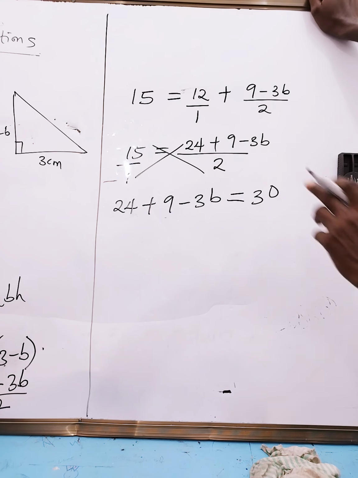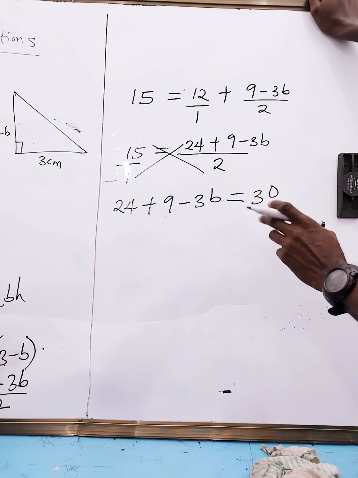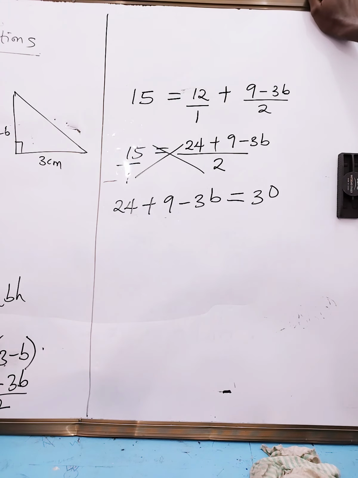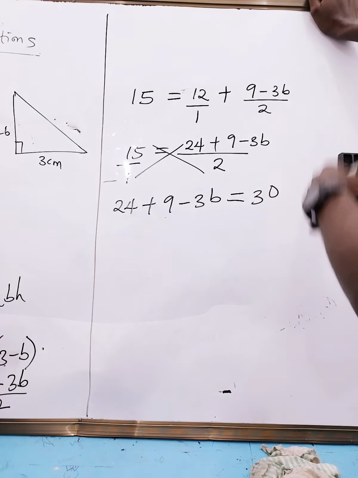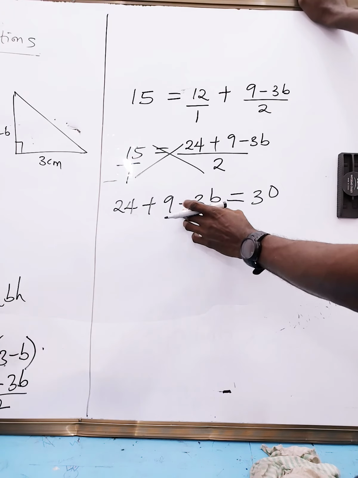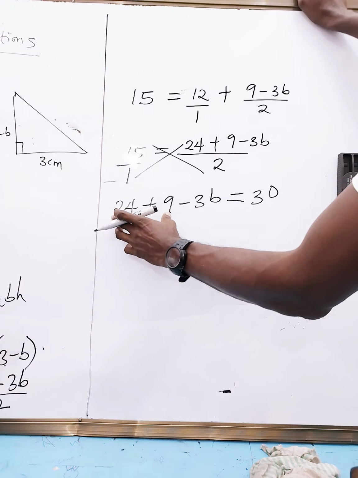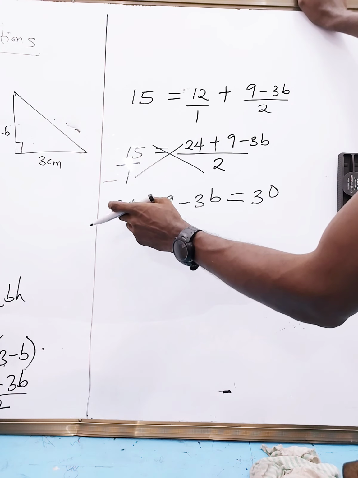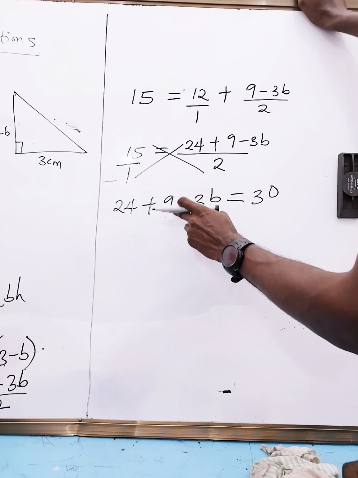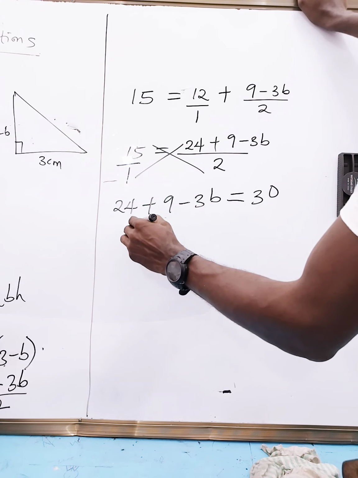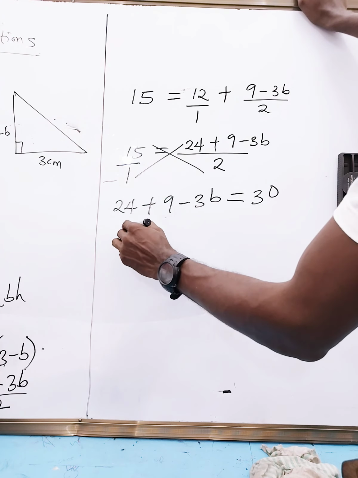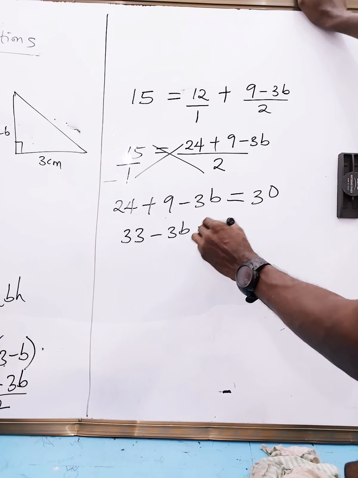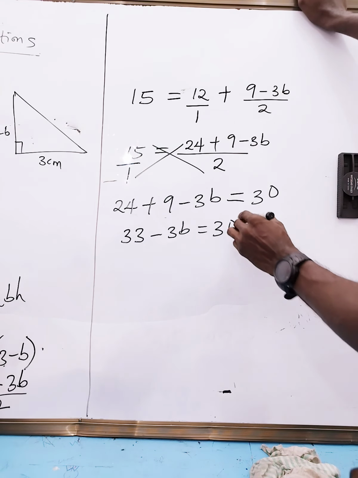Remember, we are looking for b. Let's bring all the plain numbers to one side and the term with variable b to the other. Before then, we can add 24 plus 9. We have 33 minus 3b equals 30.